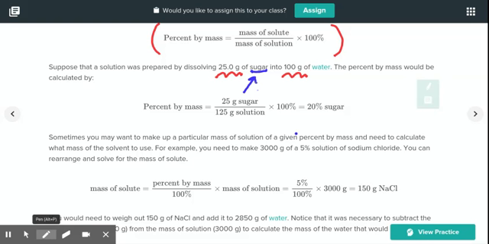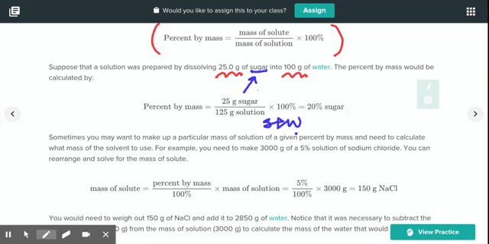But the solution is the mixture of solute and solvent, so the solution is sugar plus water. That's why it's 25 grams plus 100 grams, which is 125 grams. You divide and multiply by 100%, and you get your percentage.